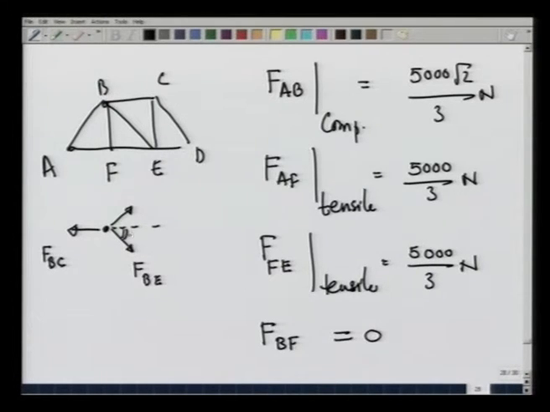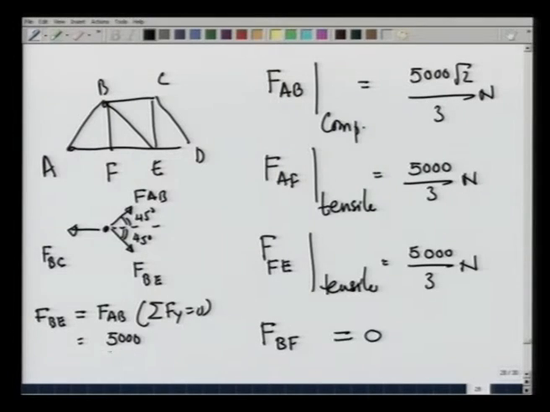These are at 45 degrees each. Right away, you see that FBE must be equal to FAB. This comes from summation Fy equal to 0, and therefore, FBE, and the direction also comes out to be right, should be equal to 5000 over 3 newtons.